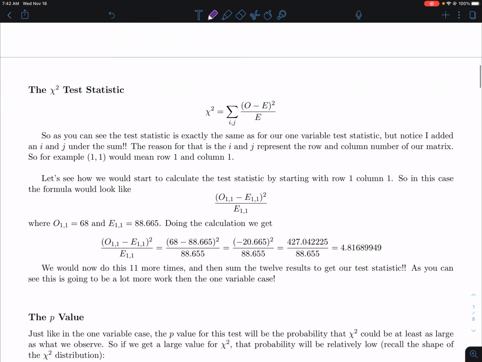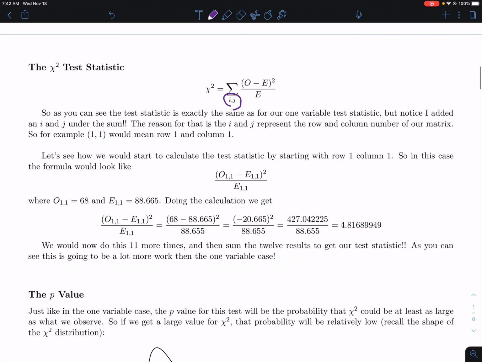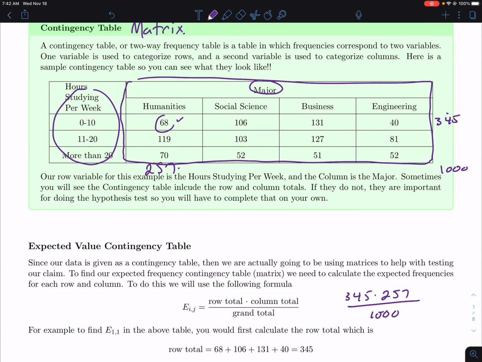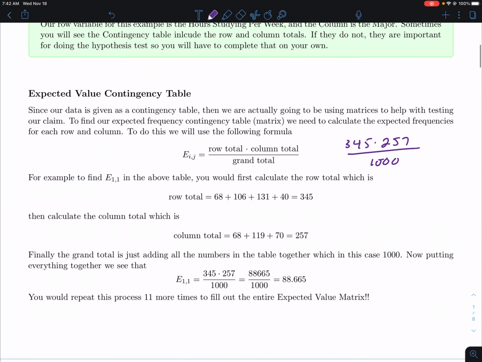All right. So the chi-squared test statistic. Again, this is the same formula as we saw before, but hopefully you notice that I've got an i and a j down at the bottom. The problem is we have to go through and calculate the differences in each of the different positions. In this case, like what I showed above, the original matrix above was a 68, and then we calculated the expected value to be 88.665.